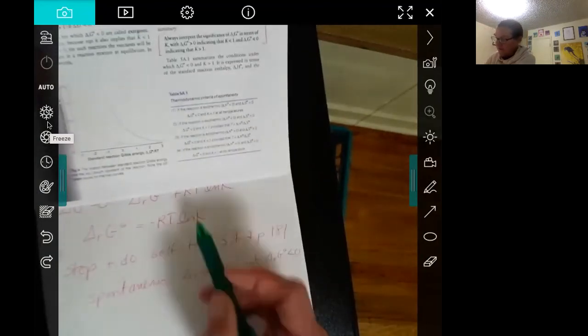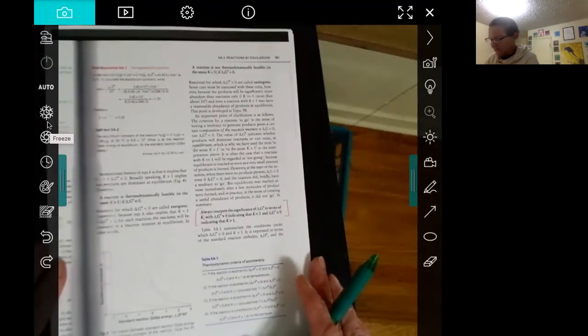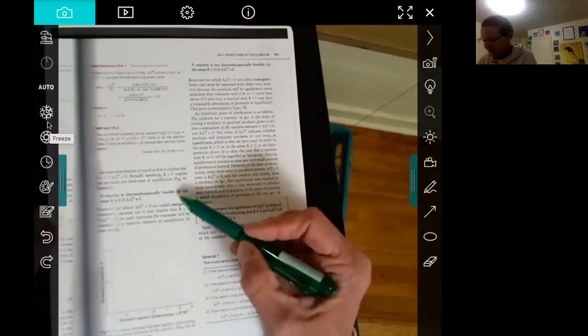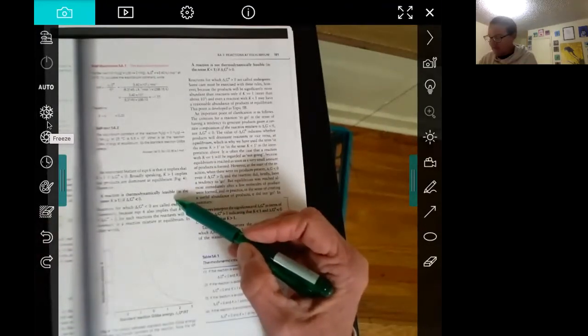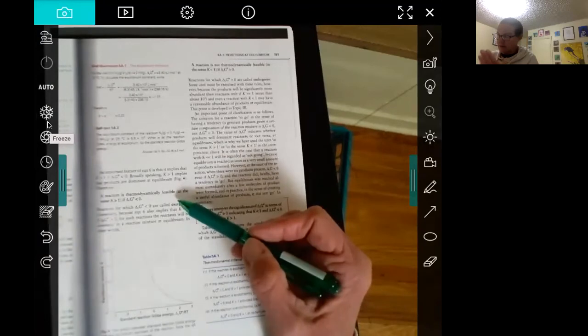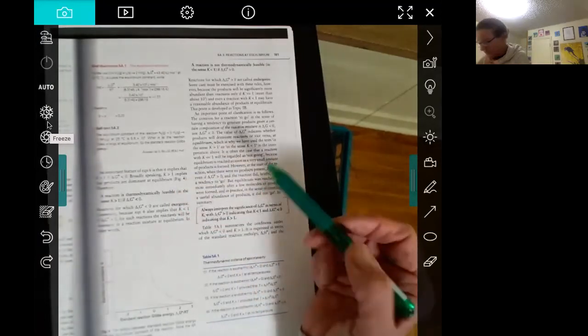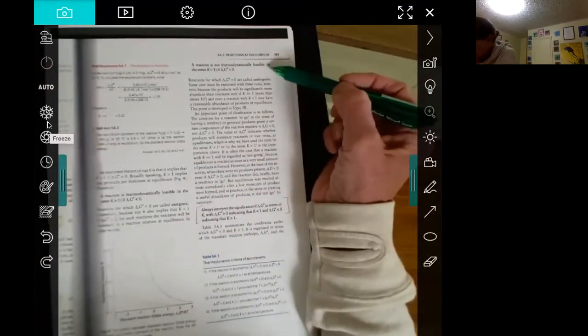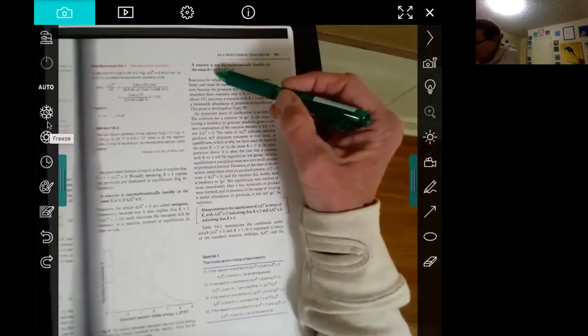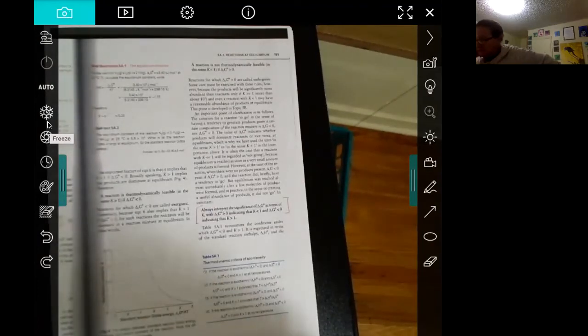So you can think about Ks and delta Gs in the same way when you think about whether or not something is thermodynamically feasible. Here it's saying if K is greater than 1, it's thermodynamically feasible. The reaction will go forward. And if it's not feasible, so if K is less than 1, that means delta G naught is positive. And then this book calls that being thermodynamically not feasible.